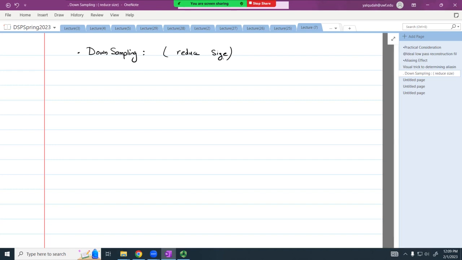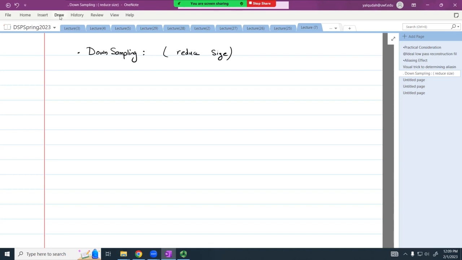I have my filters, for instance, in a system that is expecting a lower sampling frequency than the signal that is inputted to it. So what we need to do in that case is reduce the sampling of the signal. And we do that by downsampling.